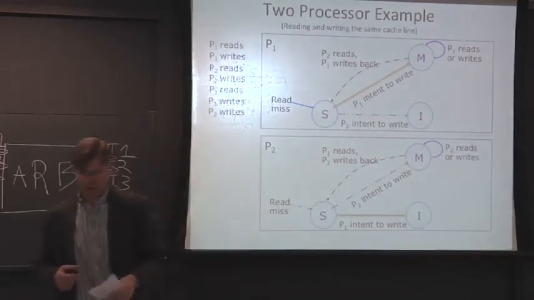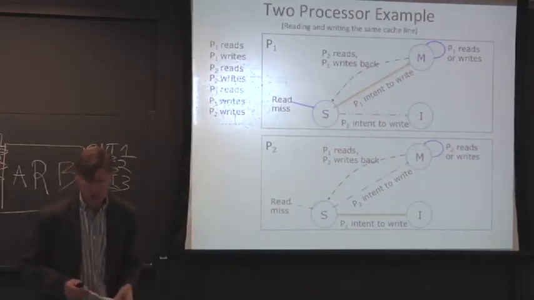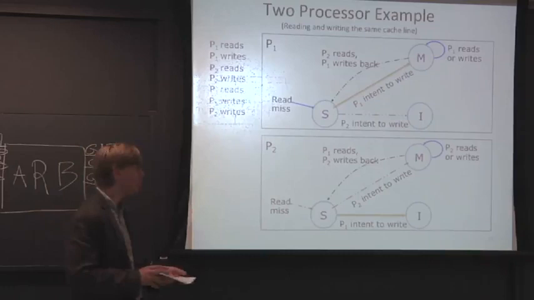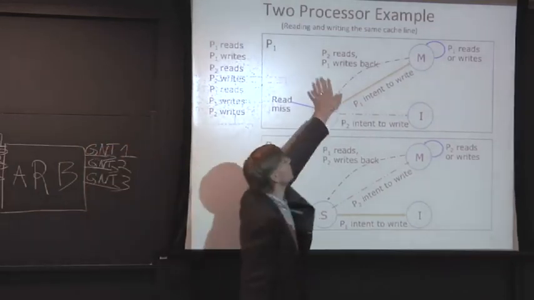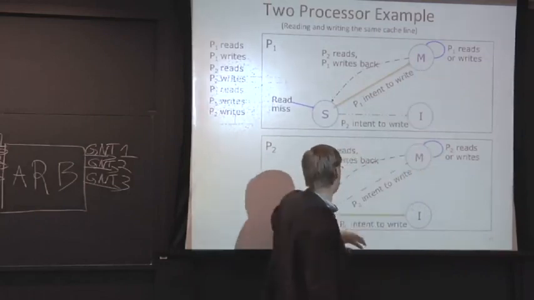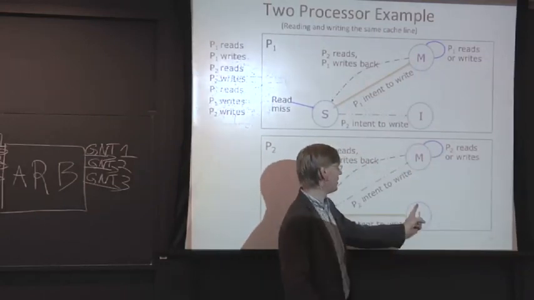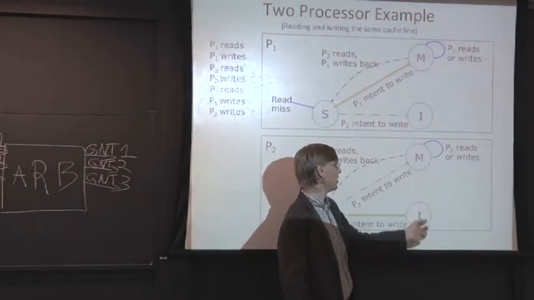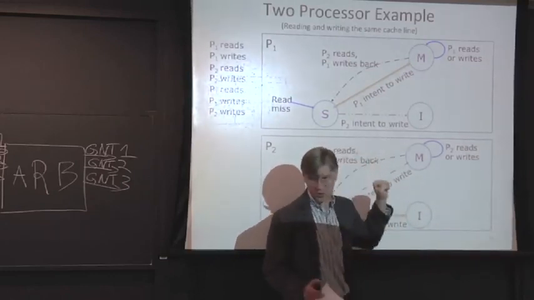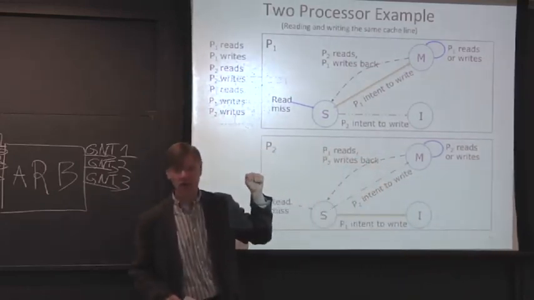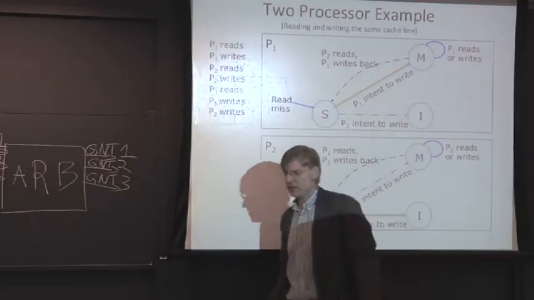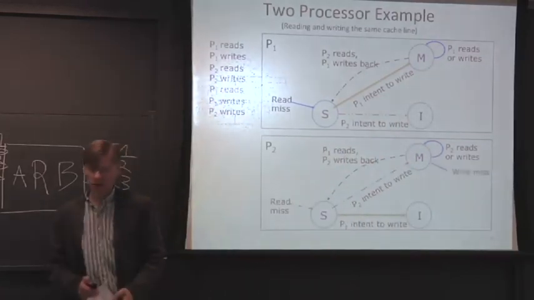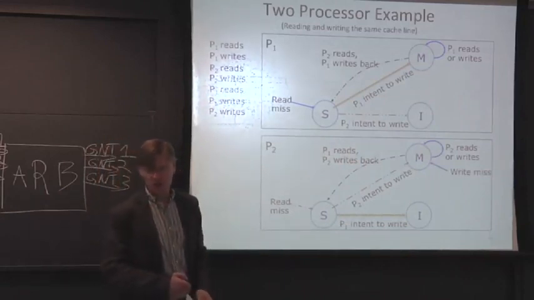And then as we get close to the end here, let's say that processor 2 tries to do a write to round everything out here. So we have processor 1 in the modified state. Processor 2 is in invalid. And it's going to try to go this way, or the arc will probably come like this. At the same time, processor 1 is going to have to invalidate this data somehow. So we see the write try to happen.